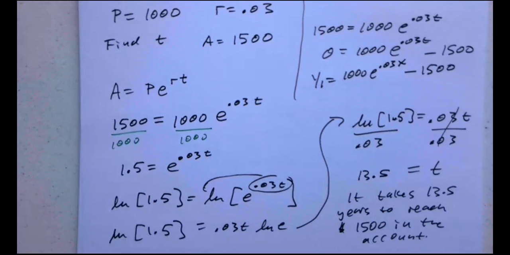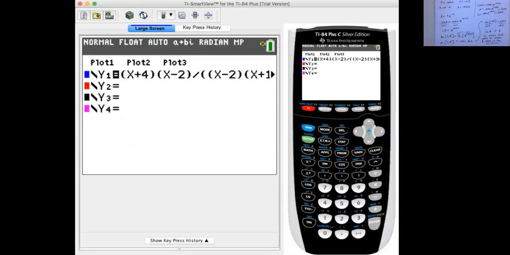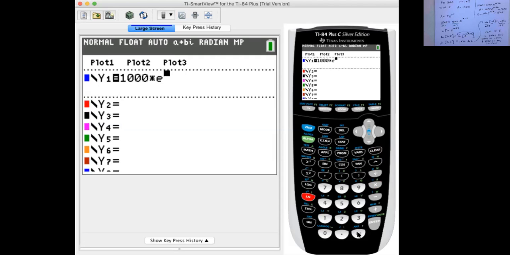So let's try it. To the calculator we go. And we'll go 1,000 times e to the, which is here, 0.03 times x, and then minus 1,500. Minus button is here.